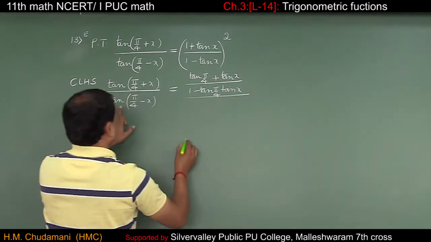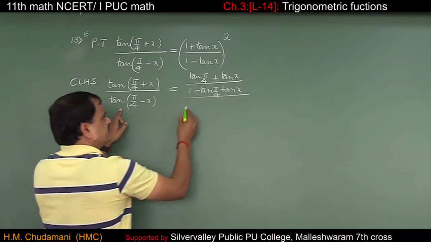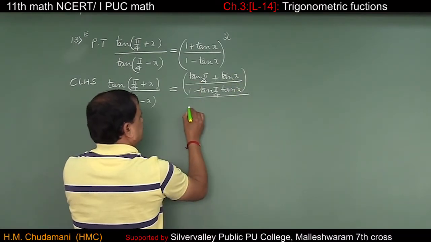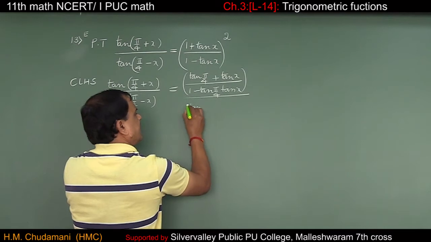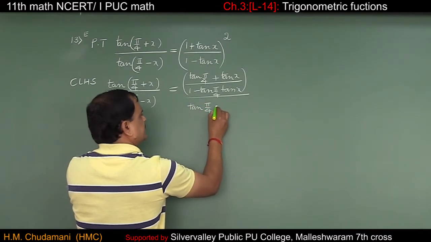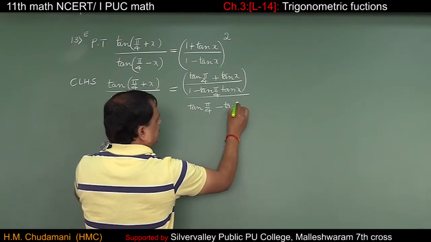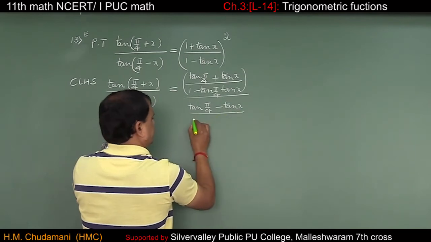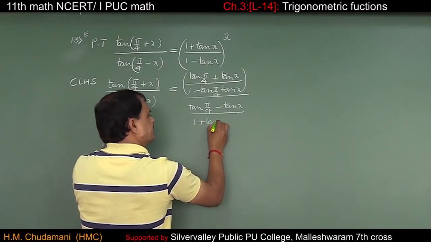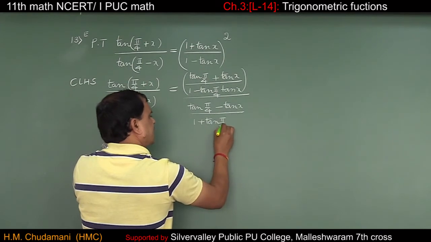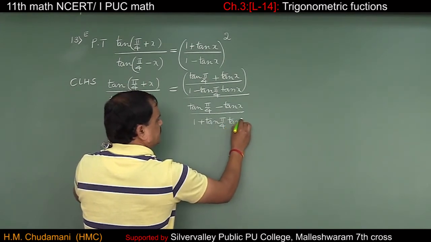The whole divided by the tan of a minus b formula, which is tan a minus tan b divided by 1 plus tan a into tan b.